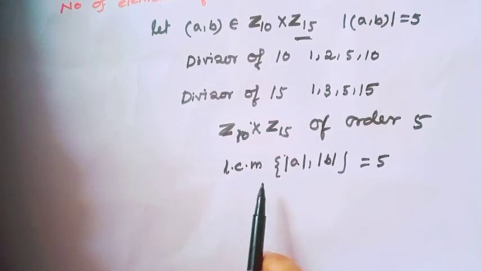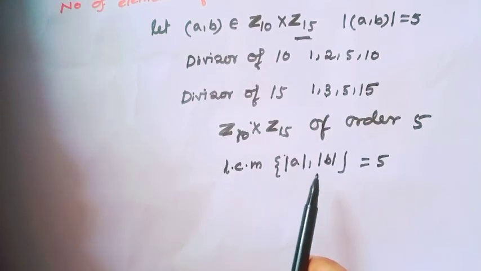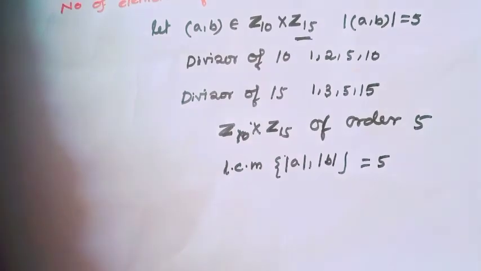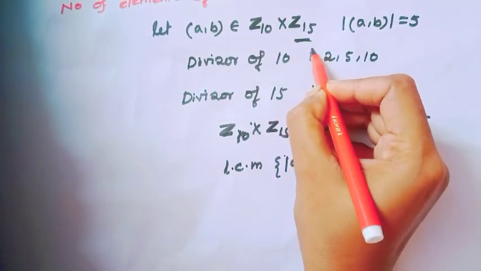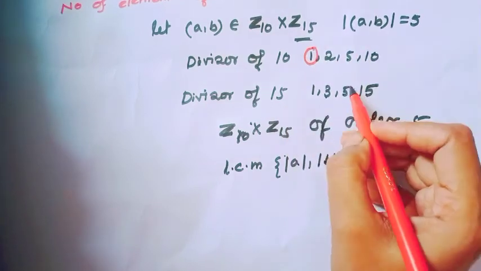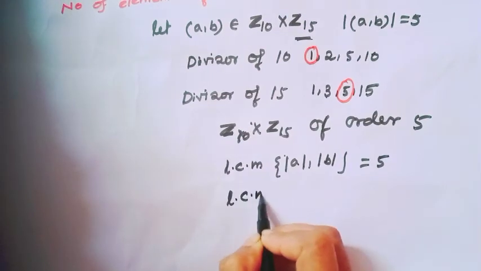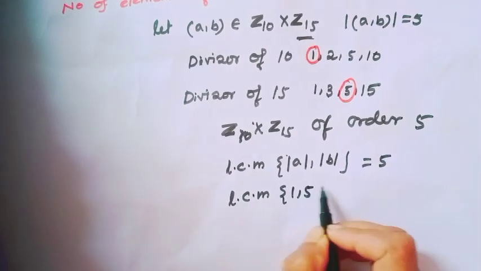That means we have to choose LCM of order of a and order of b equal to 5. If we choose from 10 the order 1 and from 15 the order 5, then LCM of 1 and 5 will be 5.